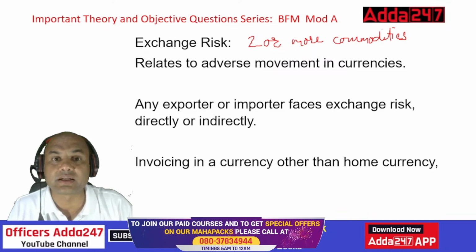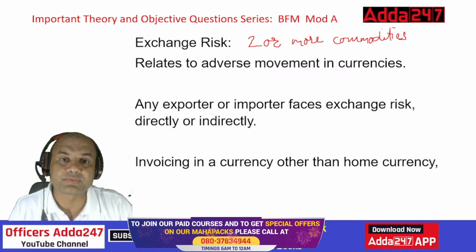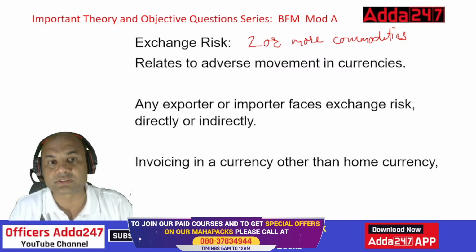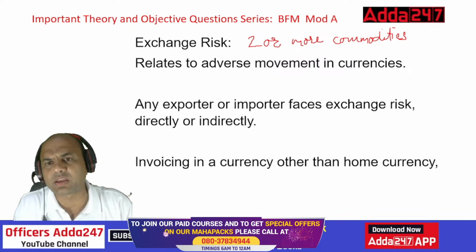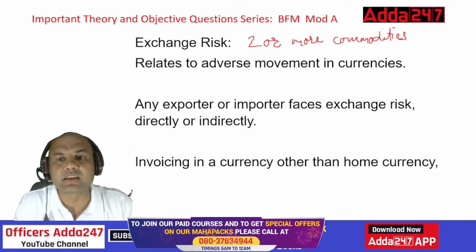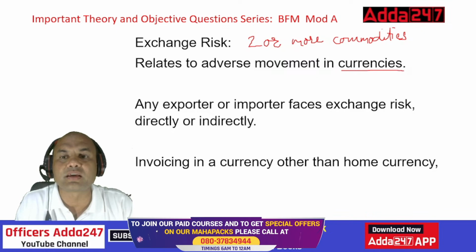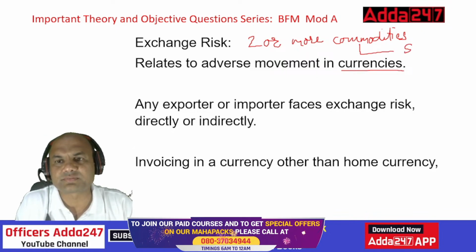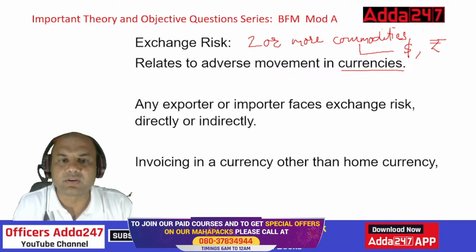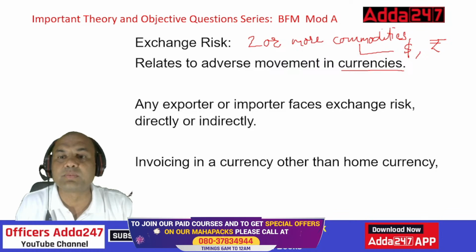That is decided by the market, buy and sell, demand and supply forces. So exchange risk relates to adverse movement in the currencies. Here, typically we are talking in forex. So commodities here means two commodities, roughly, let's say one is dollar and second is rupees. So these are the two commodities. So it relates to adverse movement of the currencies.